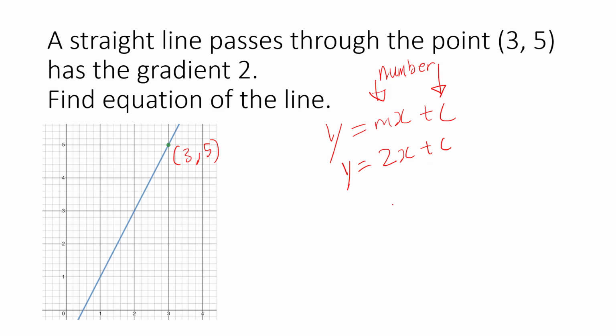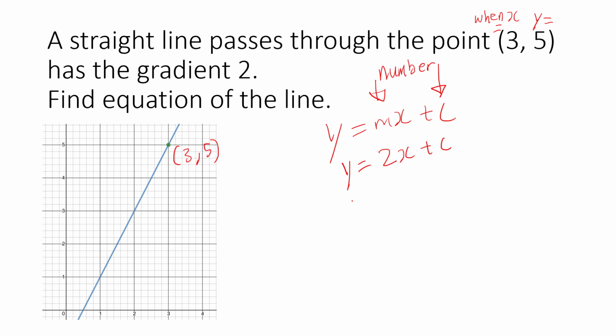So next we need to find the value of c. What we do know is when x is equal to 3, y is equal to 5. So all we have to do is some simple substitution.